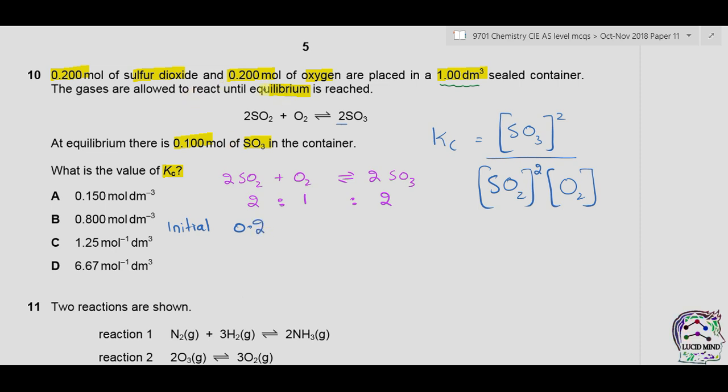Initial moles of oxygen was 0.2 moles. Now at equilibrium we can find out the moles. At equilibrium we can see that 0.1 mole of product is given. As the ratio is the same for SO2 and SO3 according to the balanced equation, it means for 0.1 mole of SO3, 0.1 mole of SO2 would have reacted.